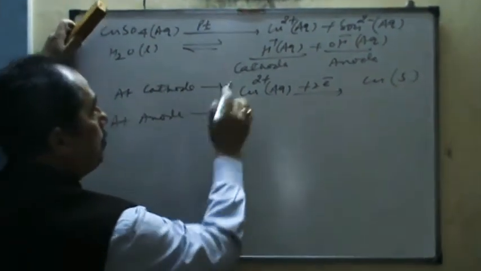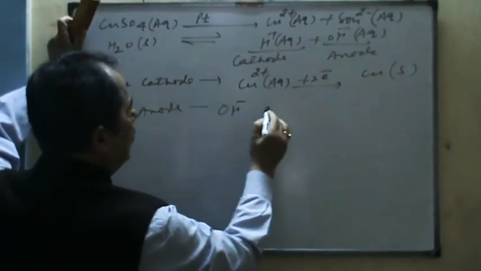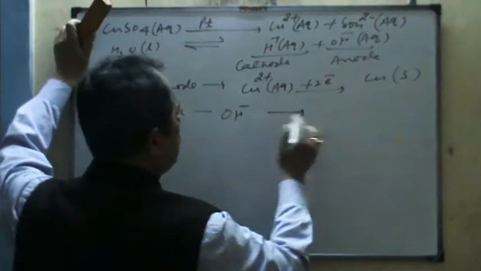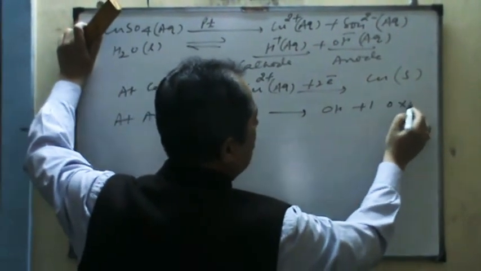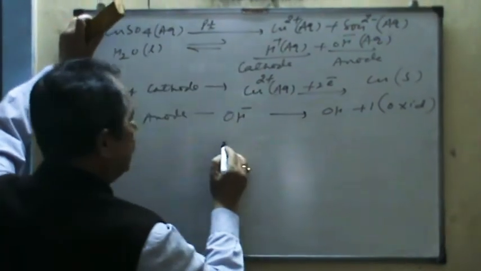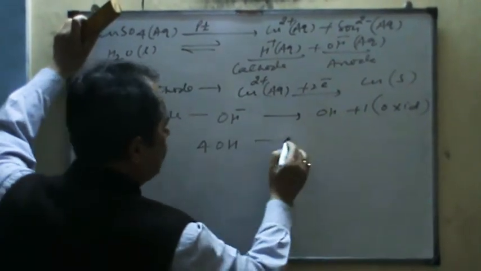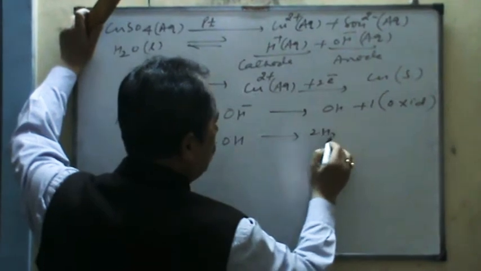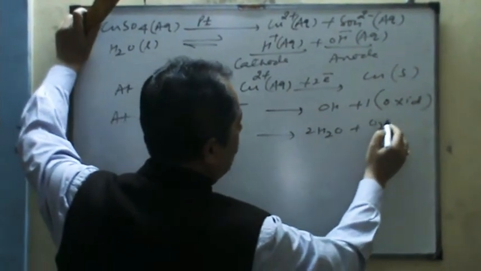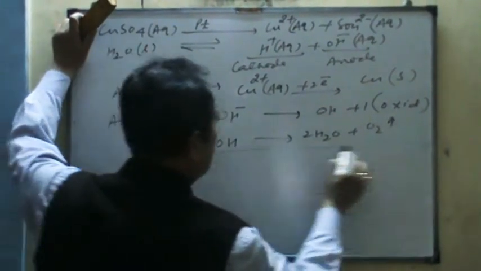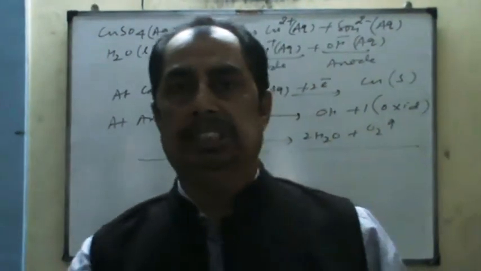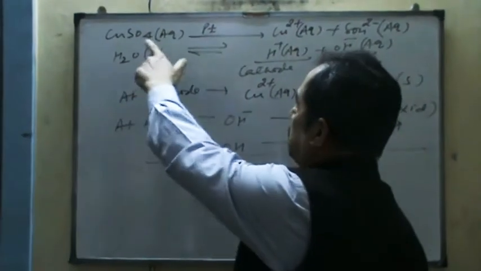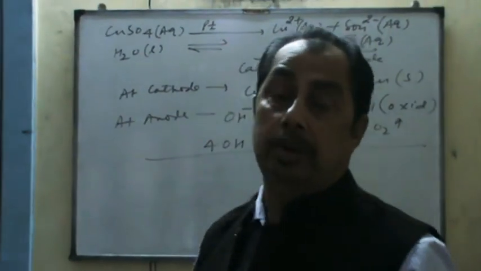So OH- loses 1 electron, it is oxidation. To balance it, take 4 OH-, which gives 2H2O plus O2 gas liberated. So this is the process of electrolysis of aqueous solution of copper sulfate in presence of the platinum electrode.